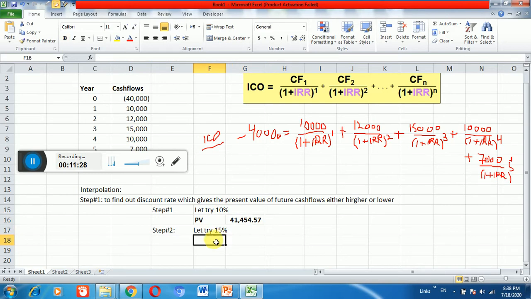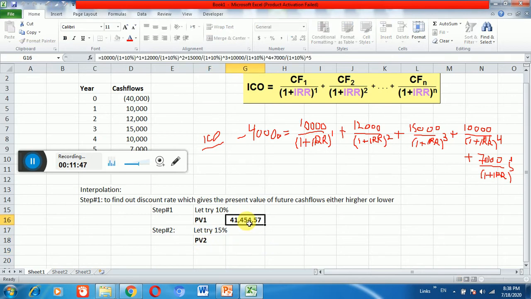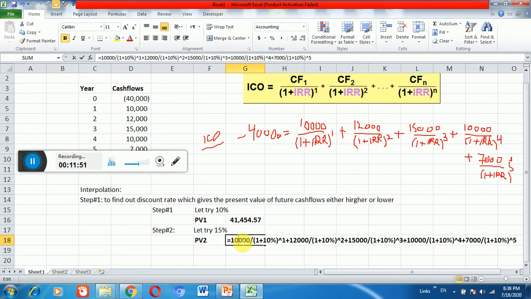Okay, so now I'm just trying to put, instead of the 10%, another value of 15%. So I'm just copying this formula here. This is the present value 1, and now we use the present value 2 with another rate. So just copy this formula and put it, and I'm only changing the rate here.